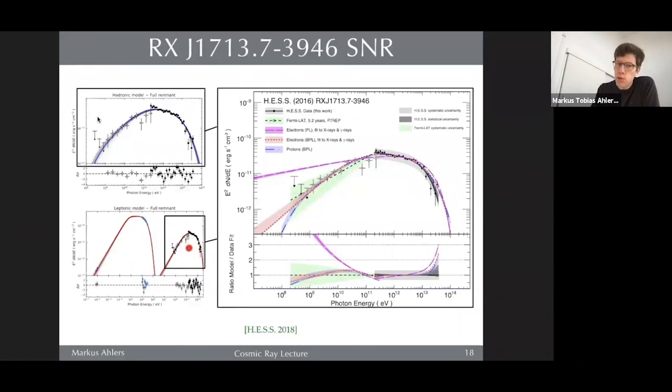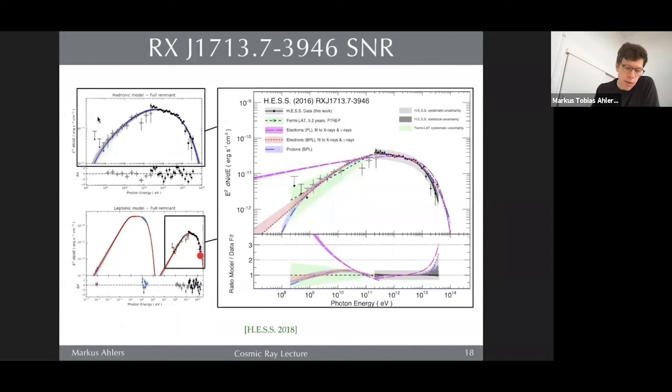But it's also possible, this is shown here in the lower plot, to model the spectrum in terms of a leptonic emission model. So here you see 2 peaks. This peak is produced by synchrotron emission of an electron population scattering with the cosmic microwave background. And the high energy peak is the inverse Compton scattering of this. I got it wrong. So this is the synchrotron emission of electrons with magnetic fields, of course.